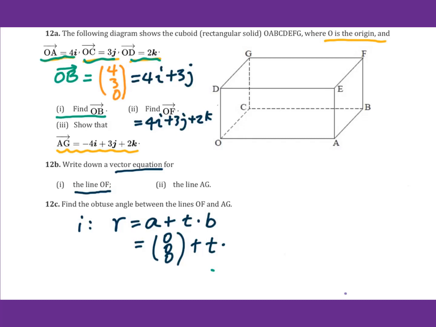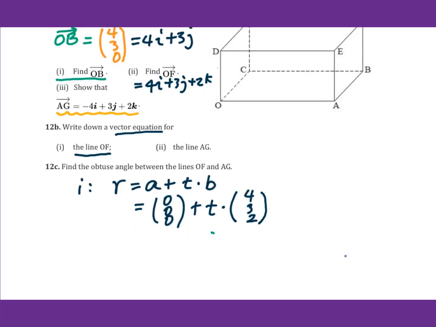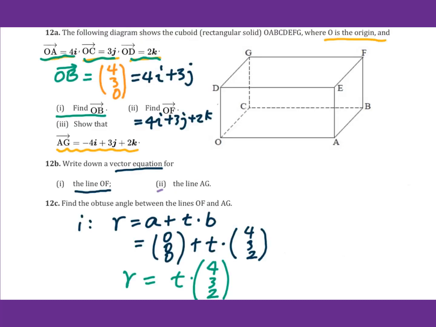We got the OF, that is 4, 3, 2. Therefore, the equation will be r equals t times 4, 3, 2.